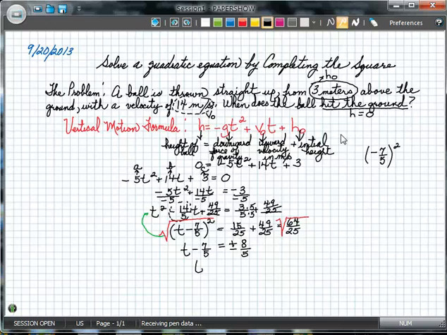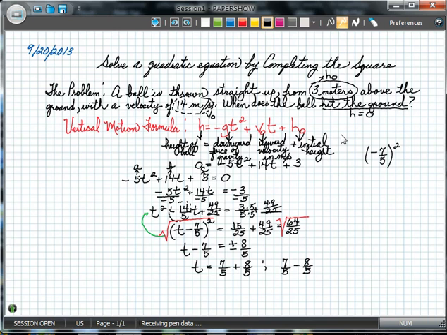We add 7/5 to both sides, and we get 7/5 plus 8/5, and 7/5 minus 8/5.